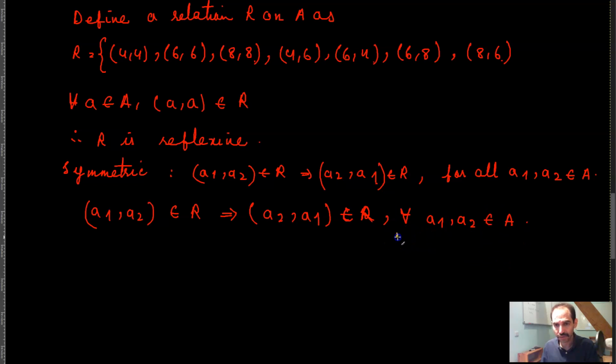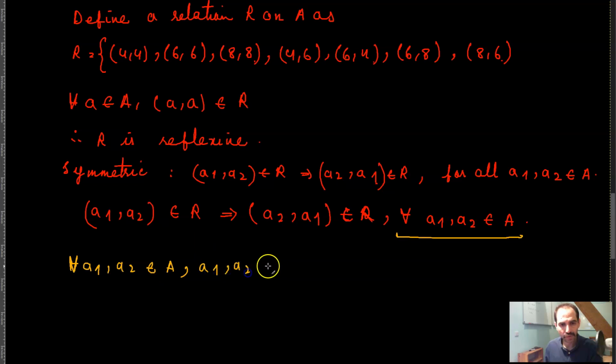What I'm going to do is take this part of the statement and move it to the beginning of the statement, meaning that I'm going to say that for all A1, A2 belonging to A, if A1, A2 belonging to R implies that A2, A1 belongs to R.